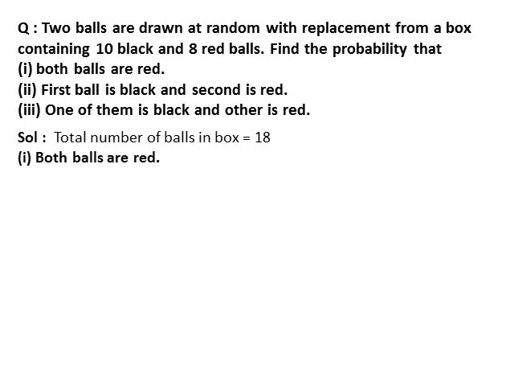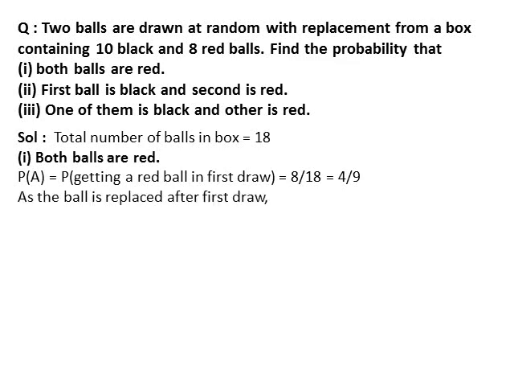First part, both balls drawn are red. Let A be the event that first ball drawn is red and B be the event that second ball drawn is also red. Now P(A) equals probability of getting a red ball in first draw equals 8/18 equals 4/9. As the ball is replaced after first draw, so total number of balls are still 18, in which 10 are black and 8 are red balls.